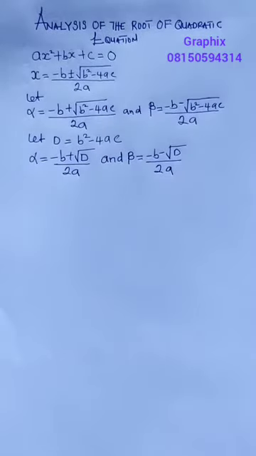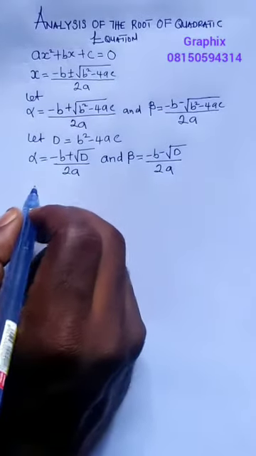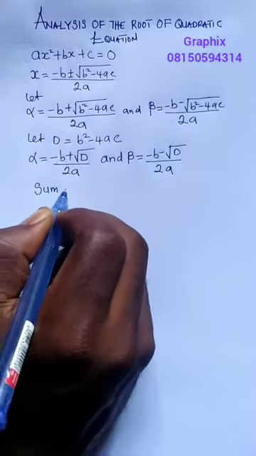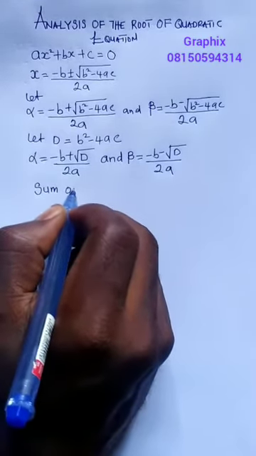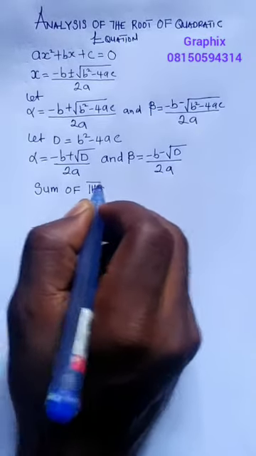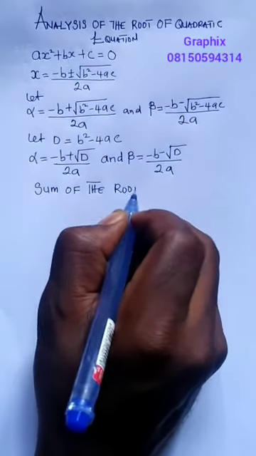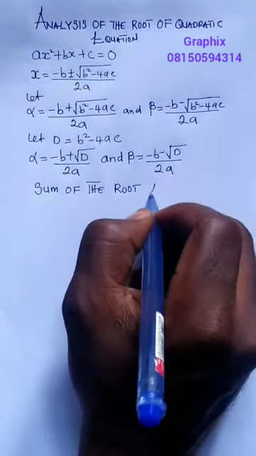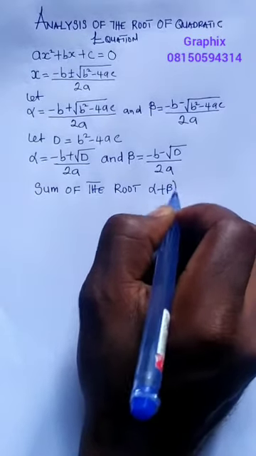After doing that, we are going to look at two situations. First, the sum of the roots. In case 1, when you sum the roots, that is alpha plus beta.